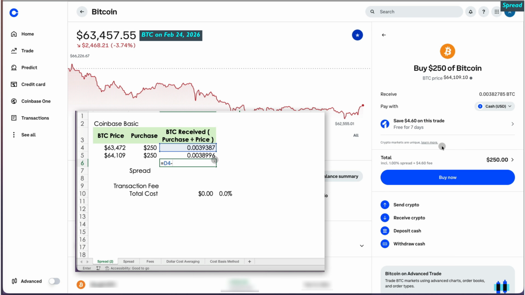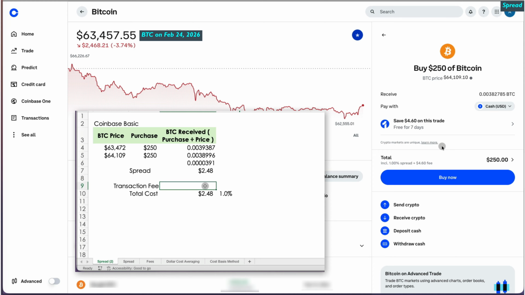The difference is 0.0000391 of a Bitcoin. If I multiply that difference by the fair market price of $63,472, it equals about $2.48. That is the cost of the spread.